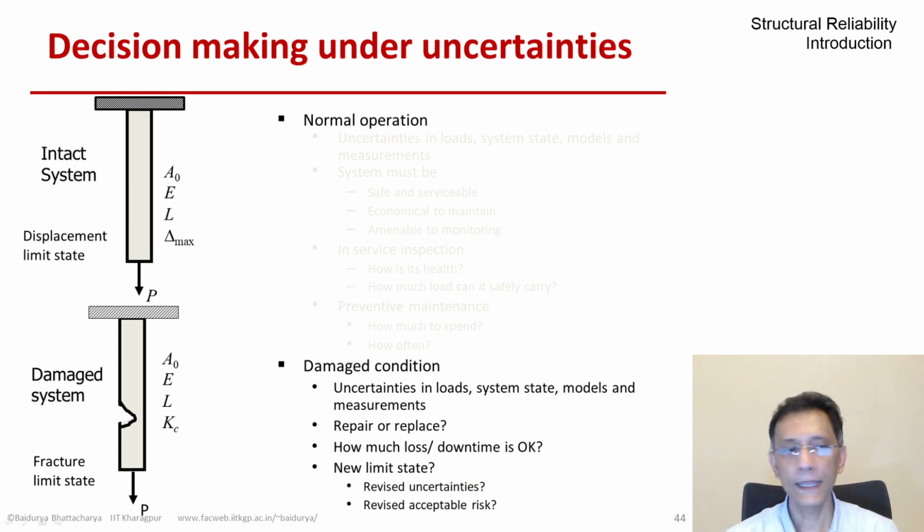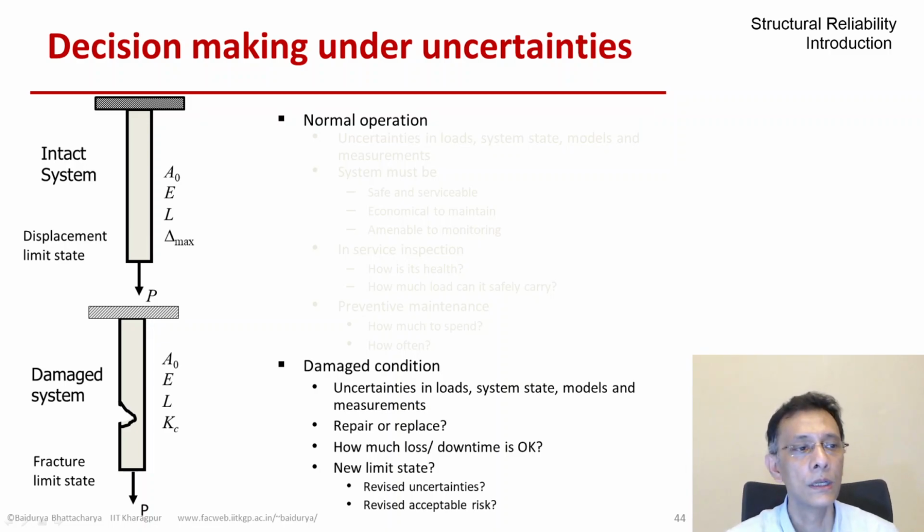What would happen if the system gets damaged for some reason? And then I would have different sets of questions and concerns. Do I repair it or do I replace it? In either case, how much loss or how much downtime would be acceptable? Are there new limit states that are of concern here?